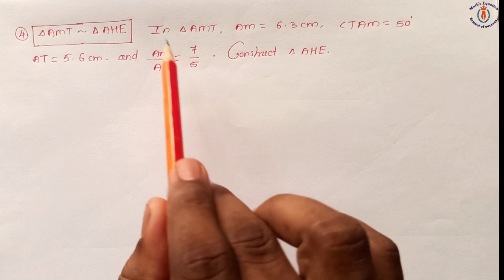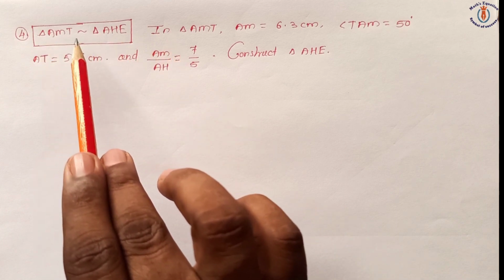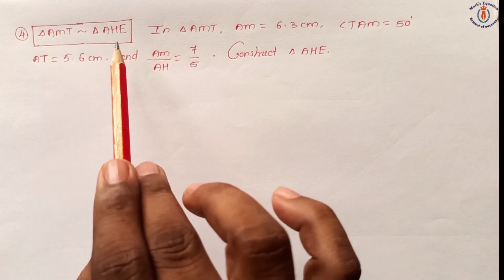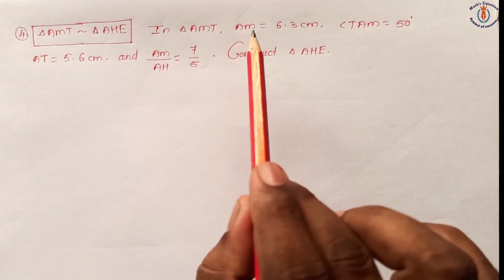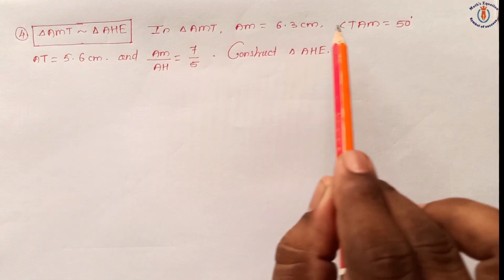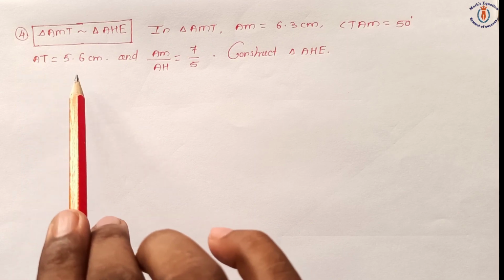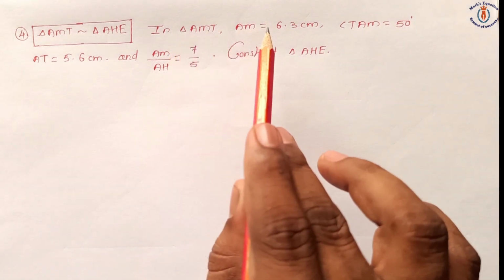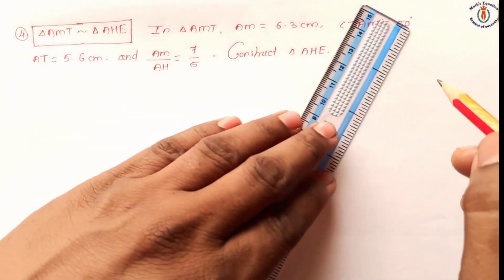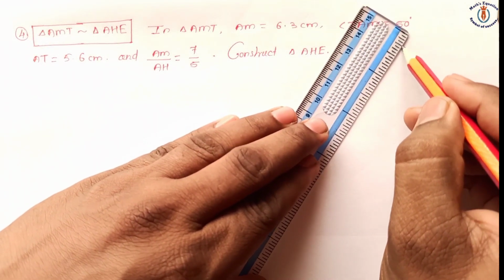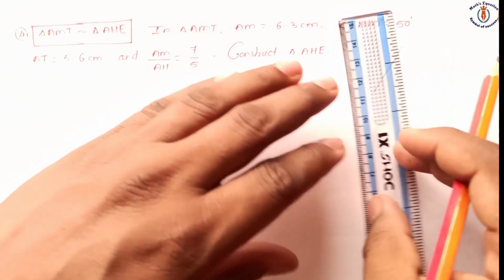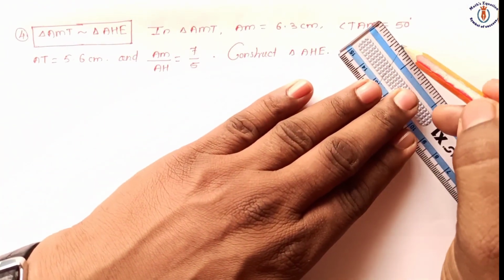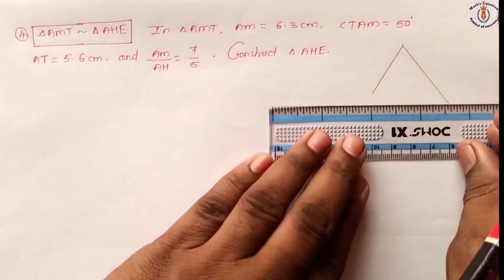That means triangle AMT is the bigger one and AHE is the smaller one, and the measures of the bigger triangle are given, so we need not extend the base and side of the given angle. So let's construct this triangle AMT. For that purpose we can just draw a rough figure of the given triangle, like this.